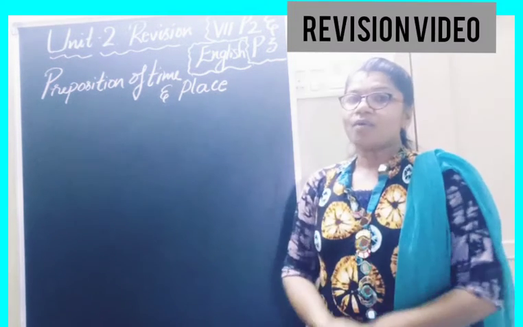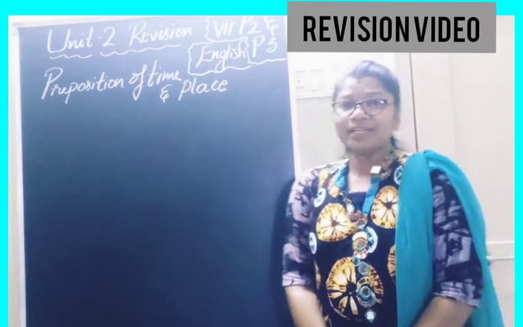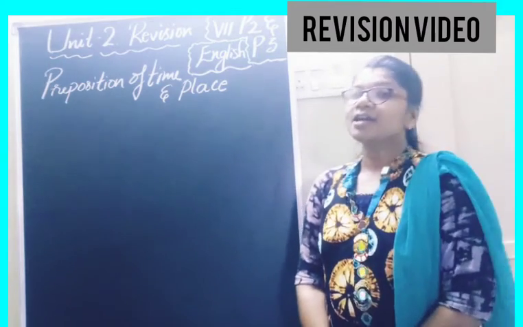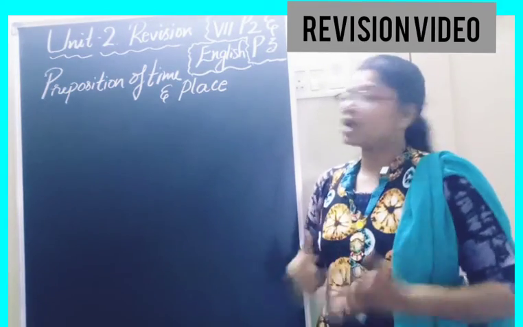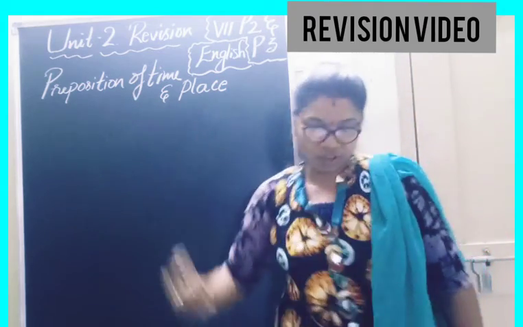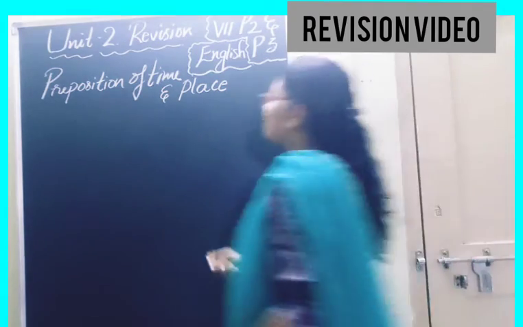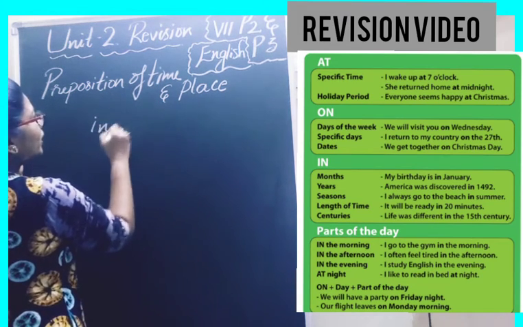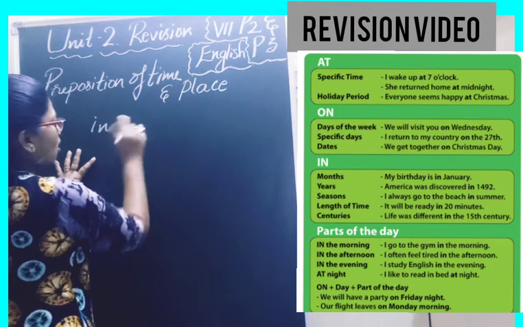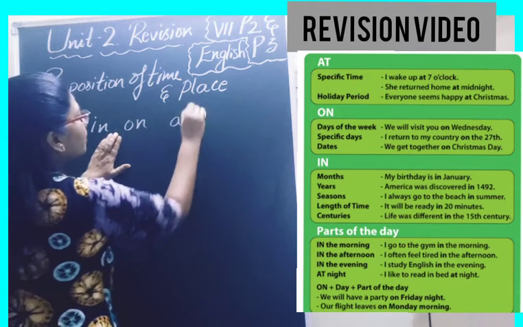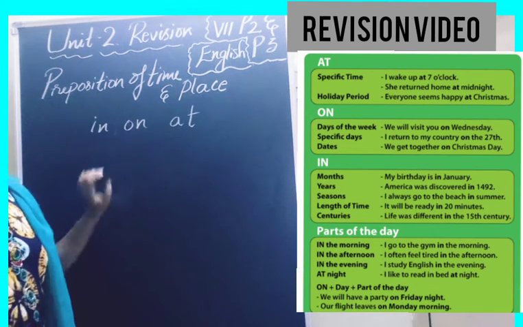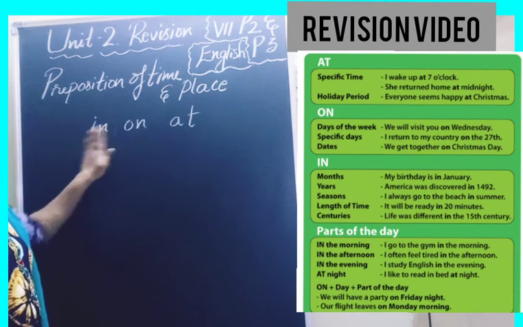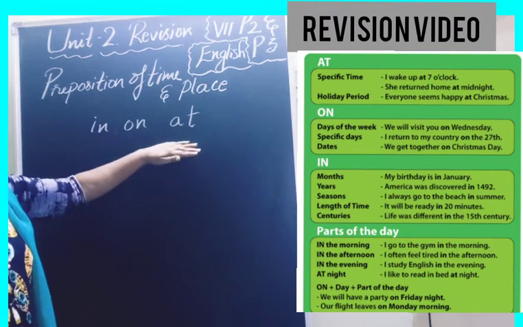Okay, now in your textbook grammar part, we are going to revise only the prepositions of time and place. That is, prepositions of time. How do we use in, on, at as prepositions of time at first? When do we use in? When do we use on? When do we use at?